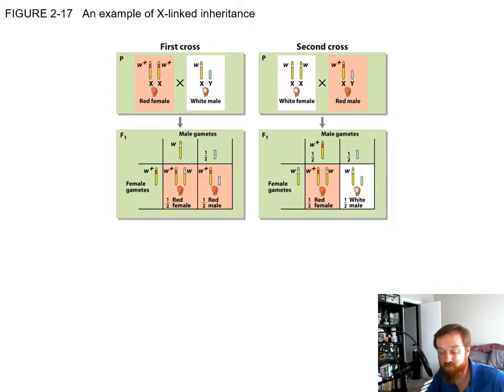The product of that first cross, our F1 over here: from the male, we can get the white copy only on the X chromosome, because remember, there's no copy on the Y chromosome. From the females, we only can get that red copy. And so the product of this cross is 100% red offspring.